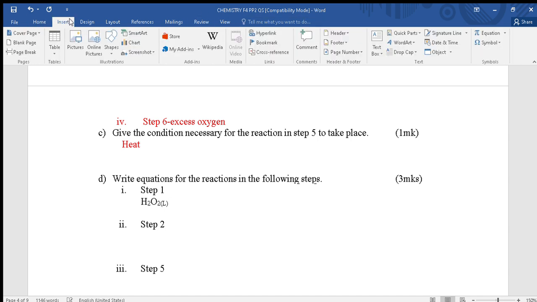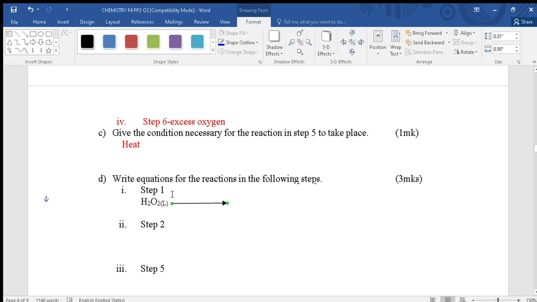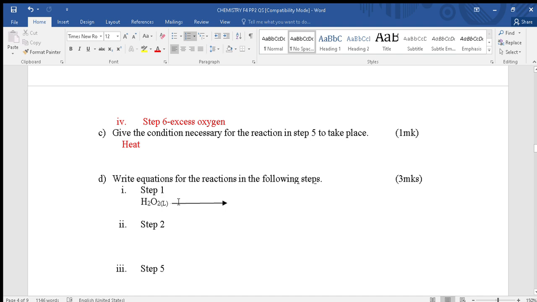So here I'll have to insert an arrow. This is my arrow. It is reacting in presence of manganese oxide. Remember, manganese oxide is MnO2.